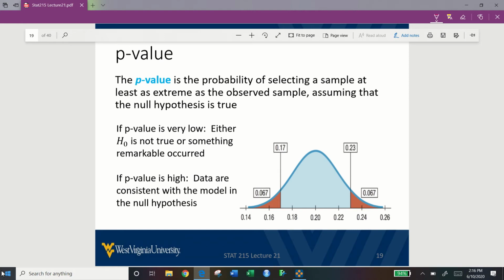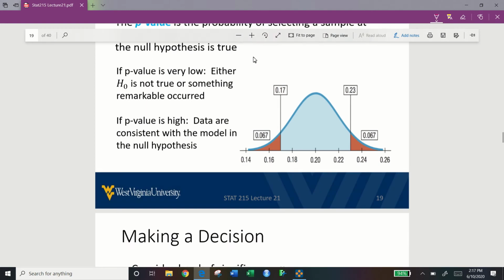If the p-value is high, the data are consistent with the model and the null hypothesis. Let me remind you, the p-value is a probability. So that means our p-value is going to be between 0 and 1. If something is close to 1, that means it's high. If something's close to 0, that means it's low.